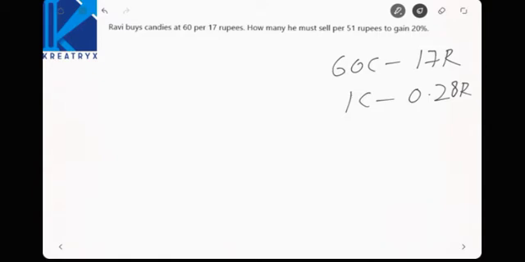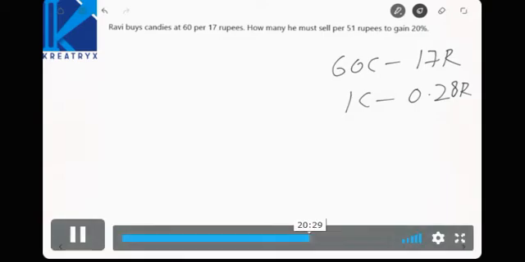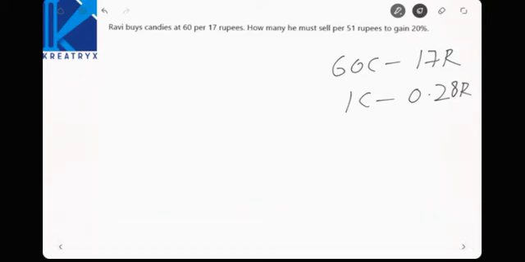Now how many must he sell per 51 rupees to gain 20 percentage? Okay, now observe here, one candy cost him 0.28 rupees and he has to gain 20 percentage overall.